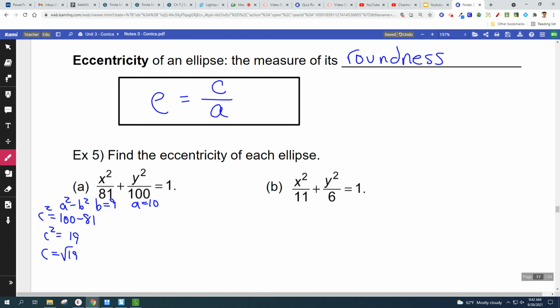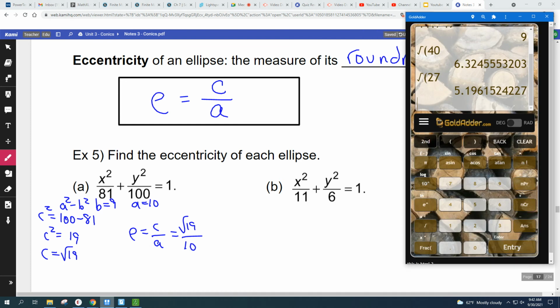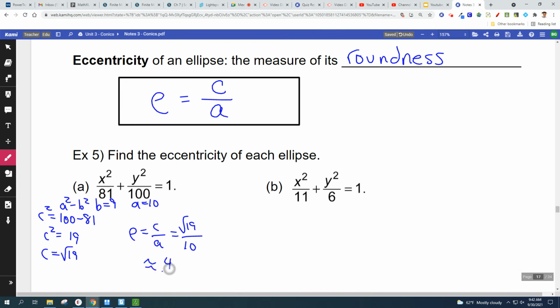Question? So now we use our formula. E equals C over A, square root of 19 over 10. I'd use a calculator here. Square root of 19 over 10, 0.4359 or so. So about 0.4359. That's how round is this? Okay, how round is it?